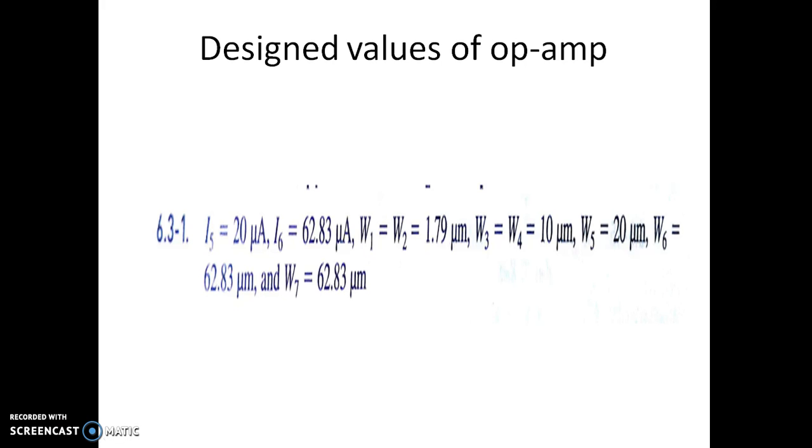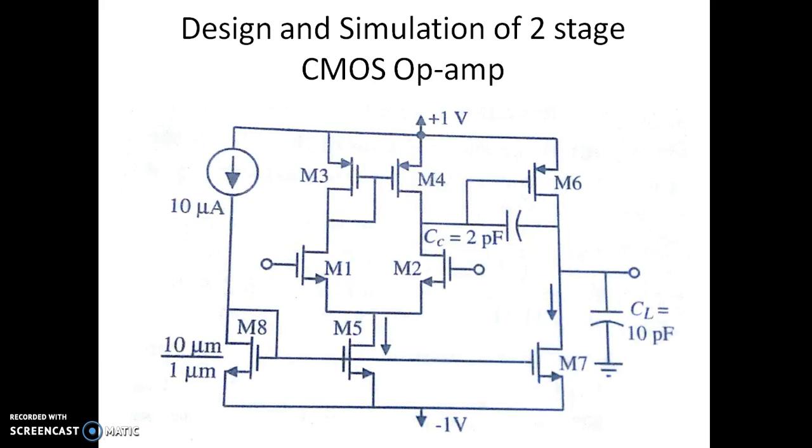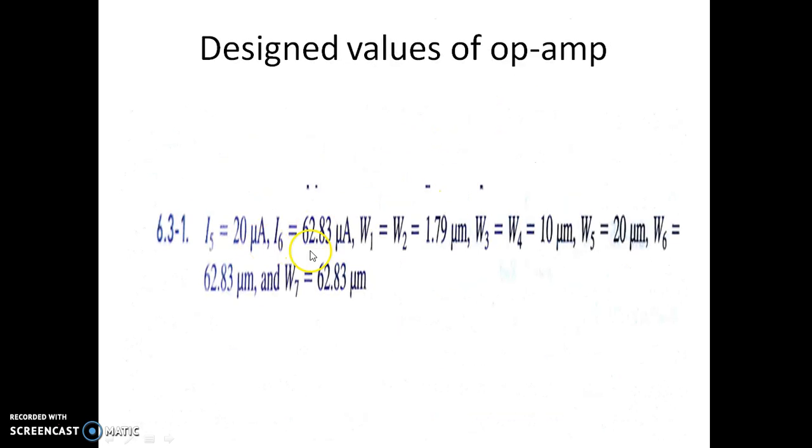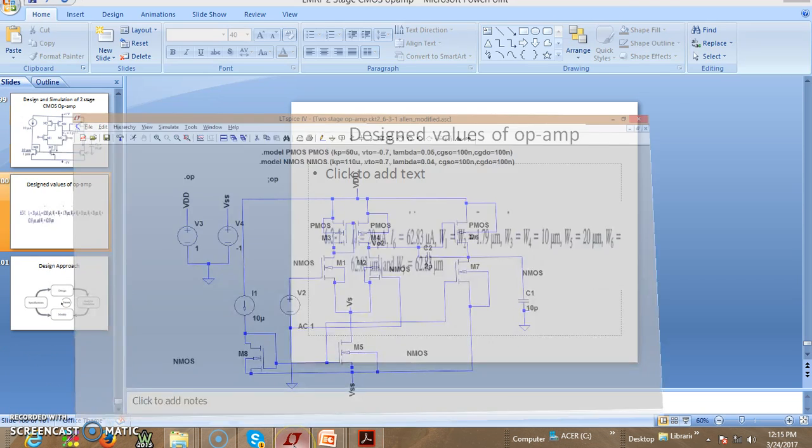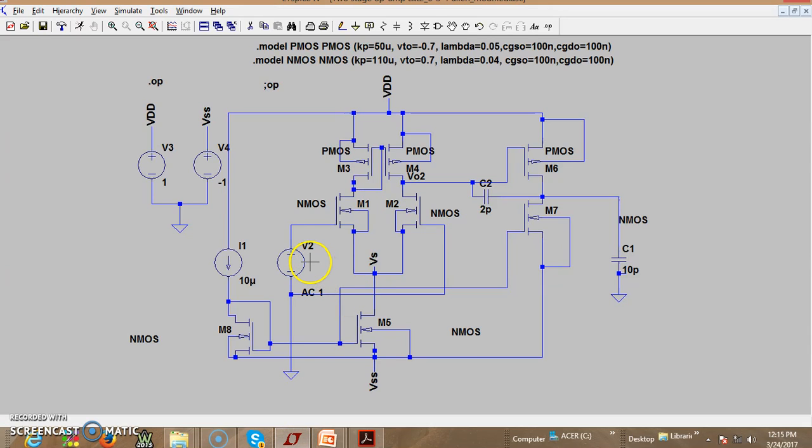So let us do the simulation of the two-stage CMOS amplifier with the dimensions given in the textbook, and compare its gain and the bandwidth. Let me go to LTspice, where we have rigged up a similar circuit.